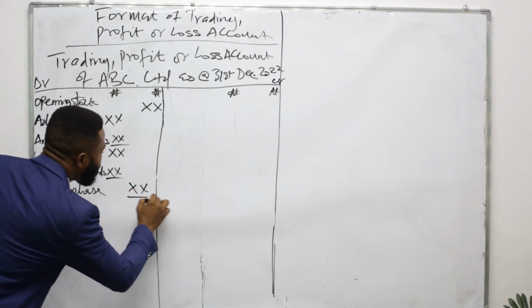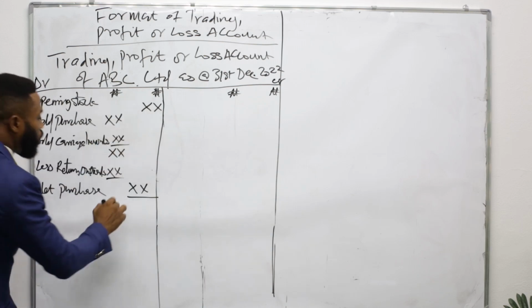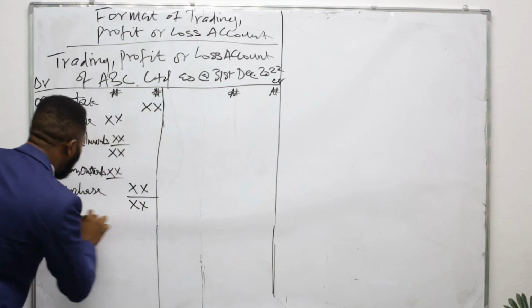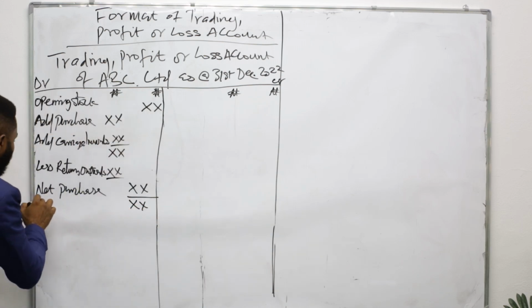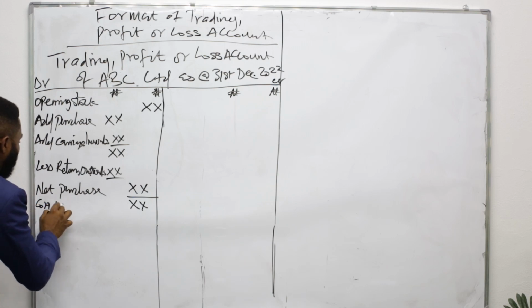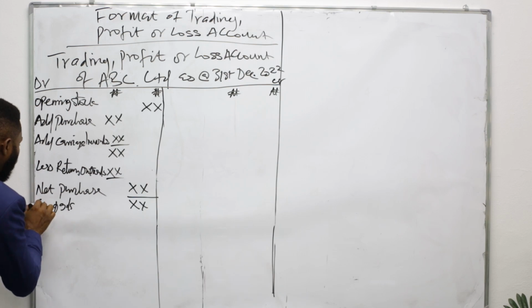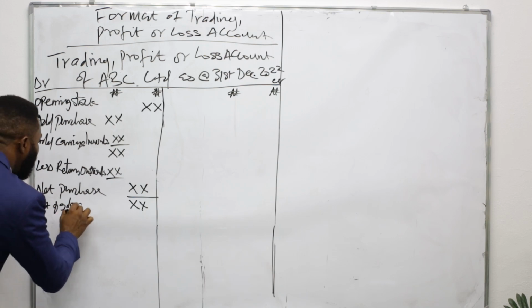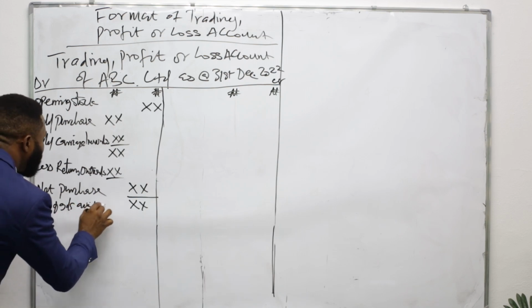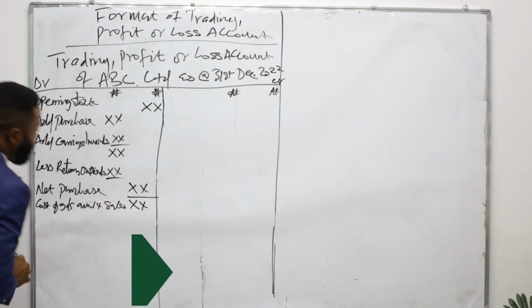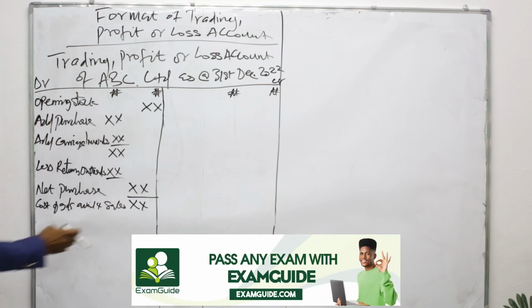So your net purchase will be added to opening stock to give you your cost of goods available for sales. Cost of goods, I'm going to shorten some of the writing. Cost of goods available for sales. Now, having arrived at cost of goods available for sales, the next thing is how to determine your gross profit.